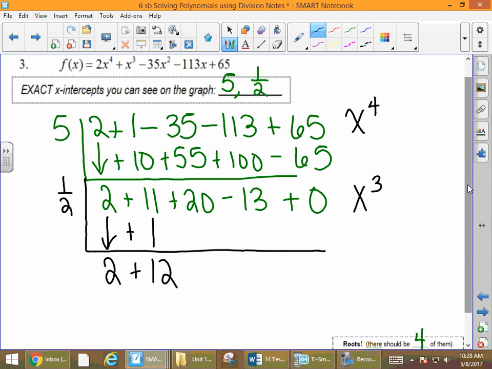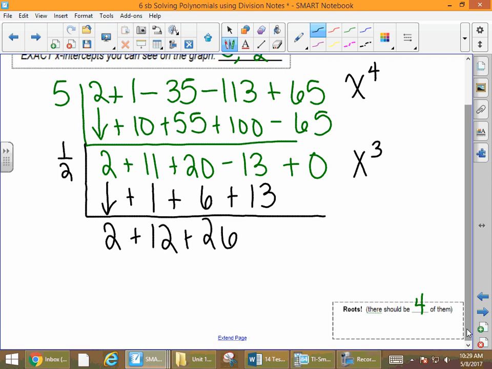Half of 12 is 6. It was positive 1/2 times positive 12, which is positive 6. 20 plus 6 is 26. Half of 26 is 13, it was positive 1/2 times positive 26, which is positive 13.